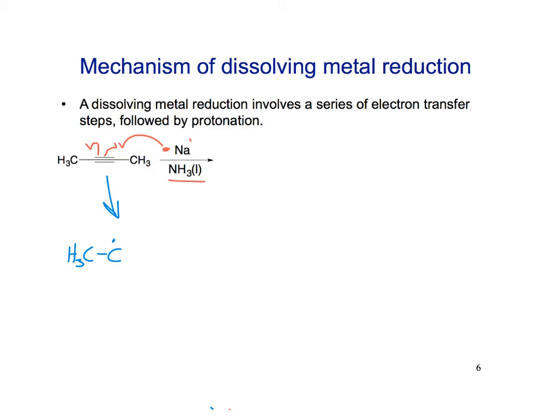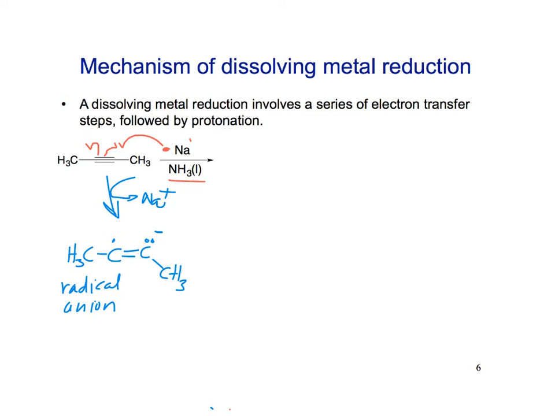So we end up with a radical there and two electrons over here, so this is an anion. So we call this a radical anion. What's the other byproduct of this step? Well, the sodium metal gives up an electron, and so it gets converted to the sodium cation.